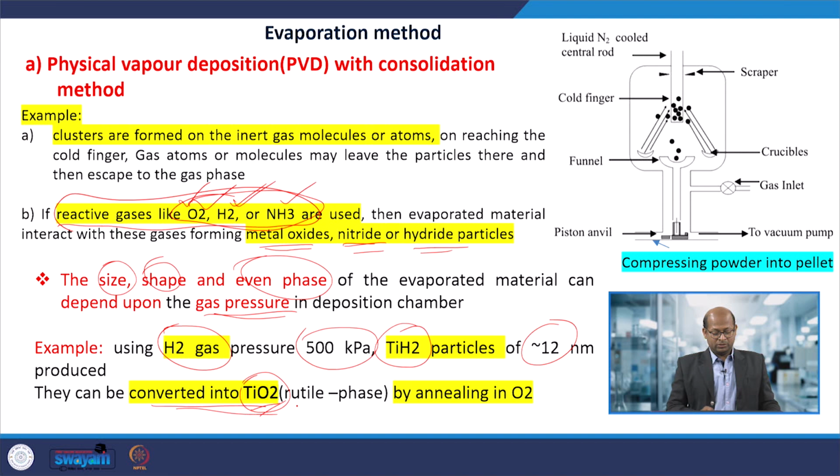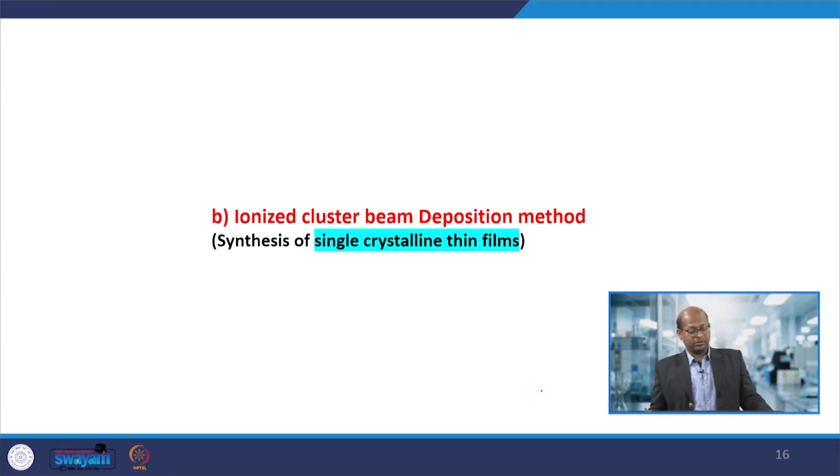Initially titanium metal in the presence of hydrogen forms TiH2 at this pressure, and then TiH2 reacts with oxygen and is converted into TiO2. Okay, so this is the PVD method that we have discussed.